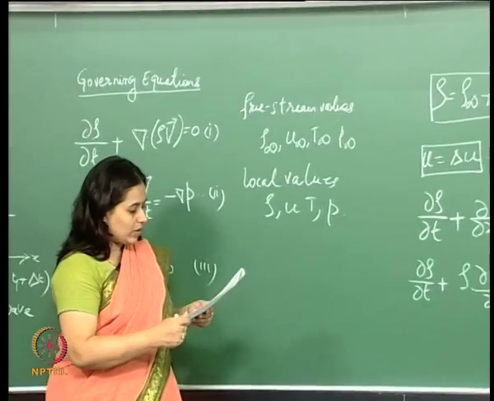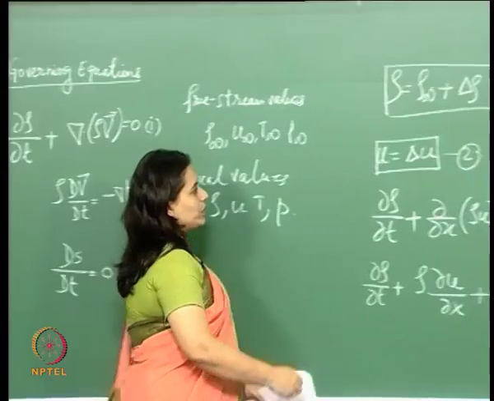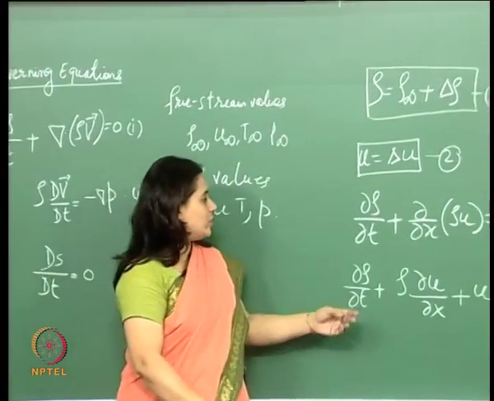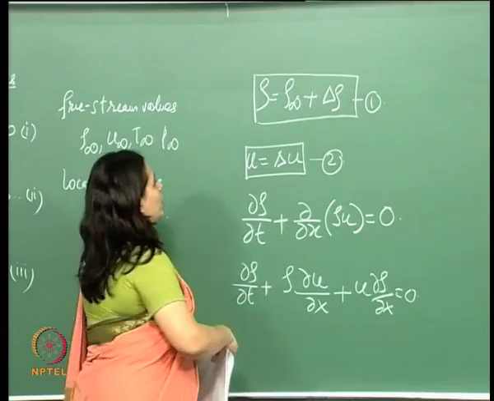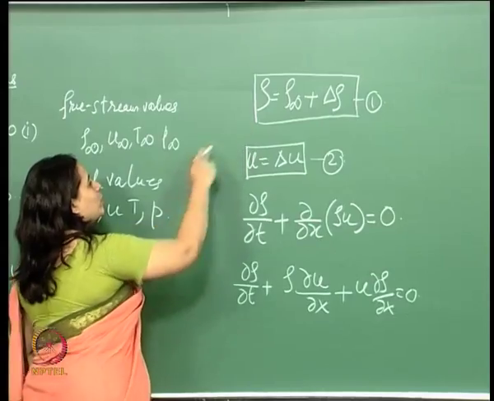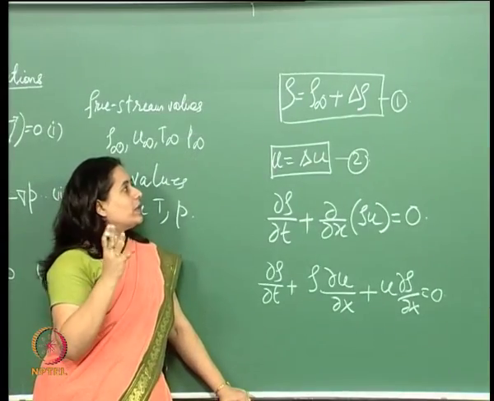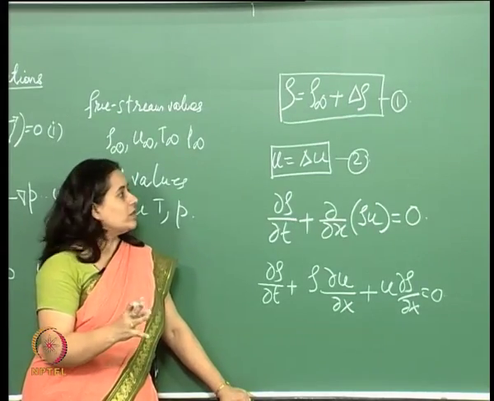Okay. So, now what we will do is use these two expressions which we got in 1 and 2 into this, meaning that this density I can replace by what is given in this relationship in 1, as the rho infinity, the ambient density, plus the disturbance or perturbation, right.